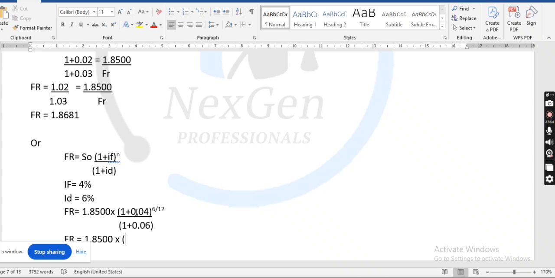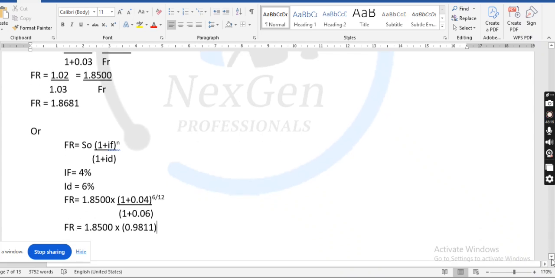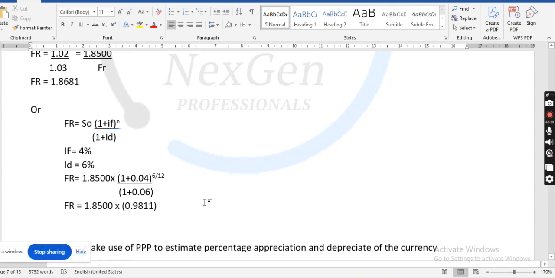What do you have? 0.9811, raised to power 6 divided by 12. What do you have? 6 divided by 12 is 0.5. Is it 5 minutes?